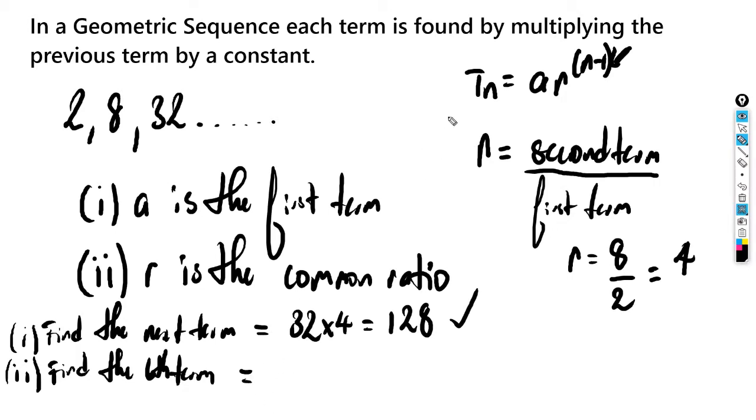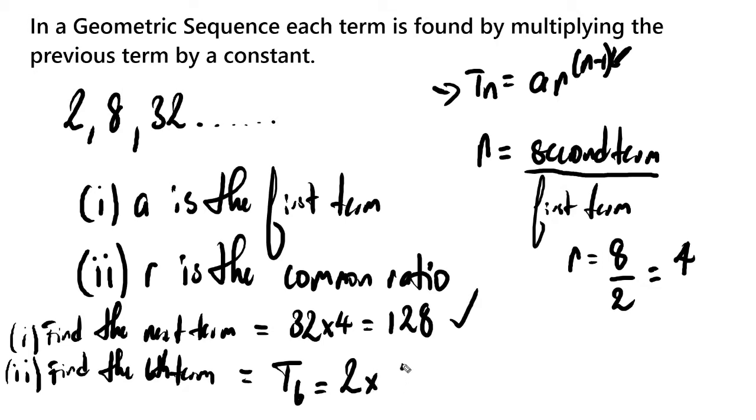Then the next one is find the sixth term. For that one, we'll have to use the formula. So we'd say t to the 6 is equal to the first term, which is 2, multiplied by r, which is 4, to the n minus 1, where n is 6, so it's 6 minus 1.